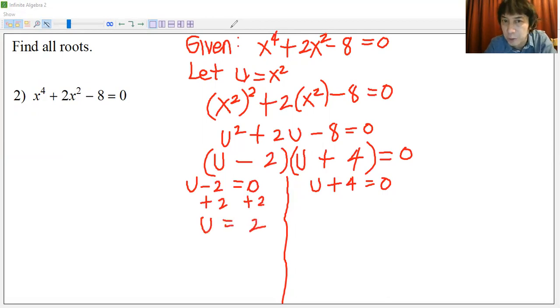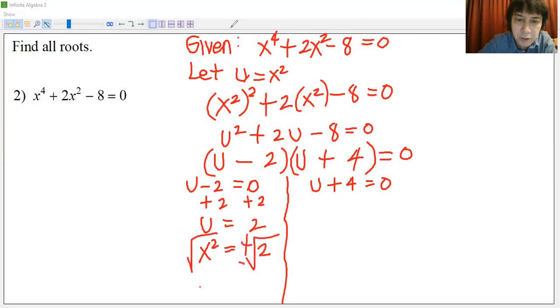Now going back to our substitution, u is x squared, so this is x squared equals 2 there. And then we get the square root, and this is x is equal to plus or minus square root of 2. Now proceeding to the other equation, u plus 4 is equal to 0.